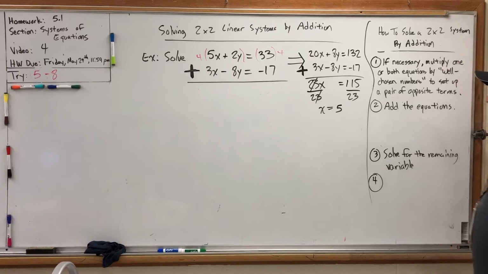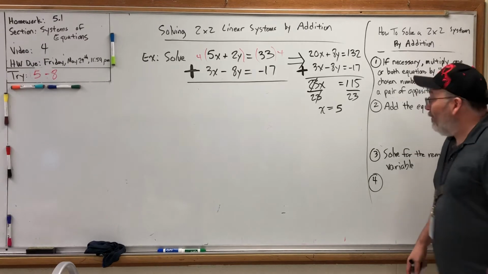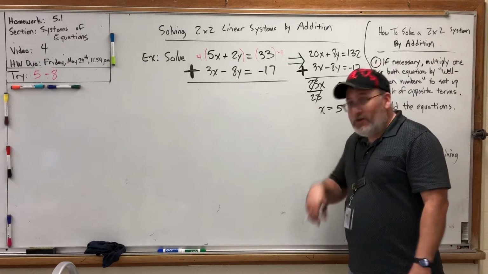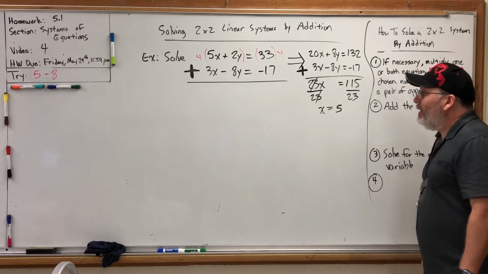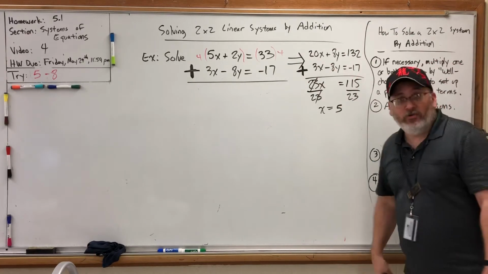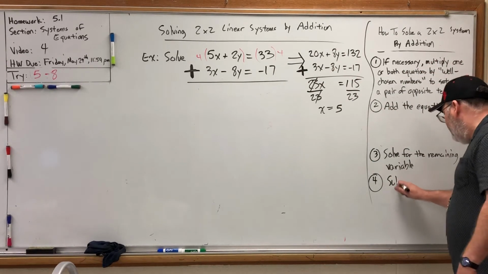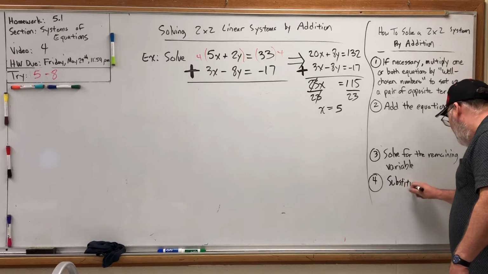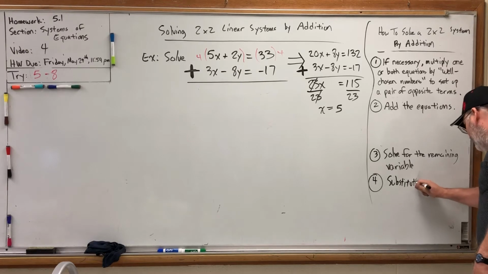We still have to solve for the other variable, but unlike substitution, we don't have something that says y equals to substitute the x into. So how do we get the value of y? Well, we still substitute the 5. We just substitute it into an original equation. So for the fourth step, substitute the known value. Substitute, not substitution.